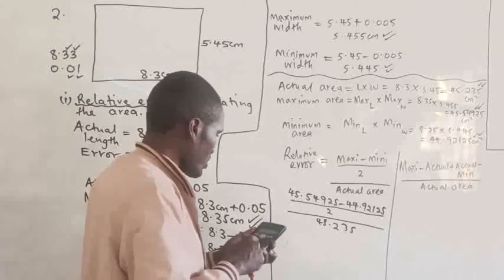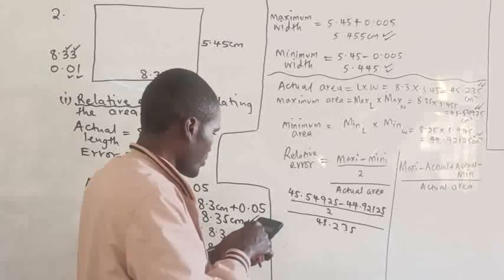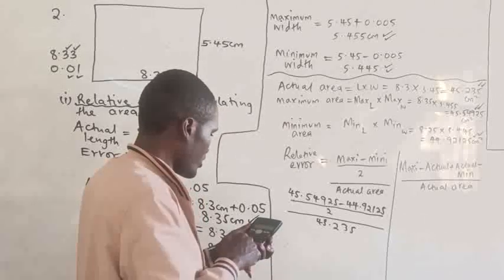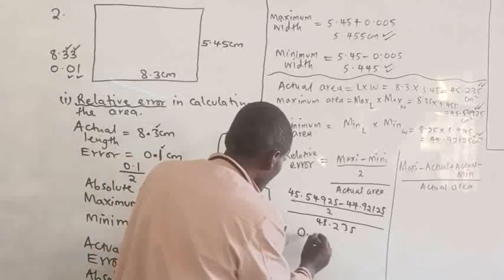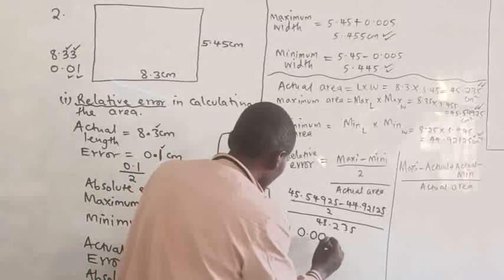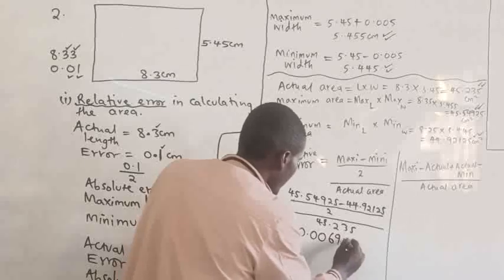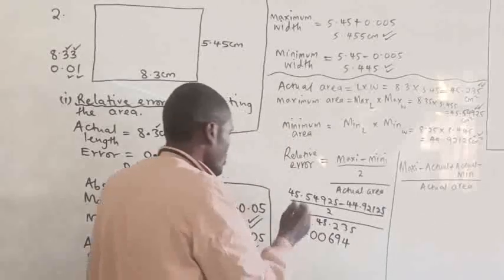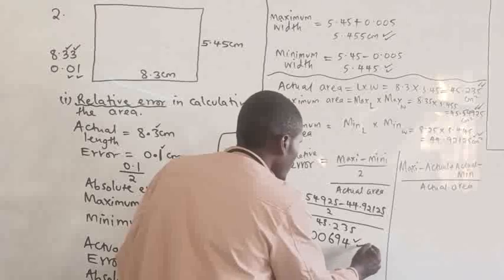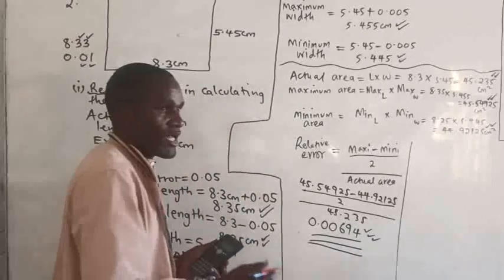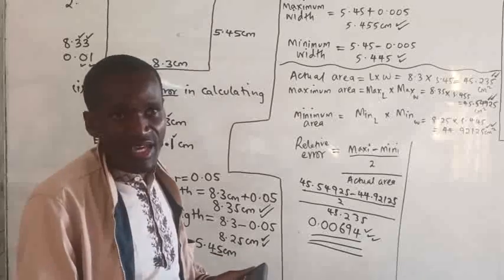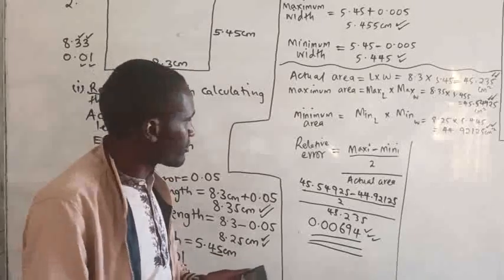So I want you to give me the answer. It will be 0.00694. That becomes our relative error in getting the area of that rectangle. And you can get your relative error in a different way. How?